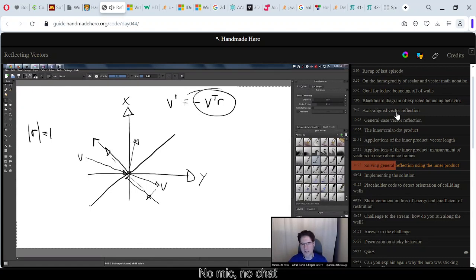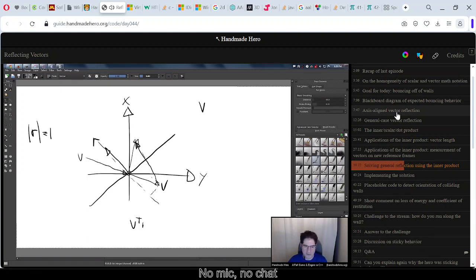So what do I do? Well, it's pretty easy. If I were to start by saying, all right, I have my v, I now need to change it so that it reflects through here. I just need to add something to it that's going to move it up so that it will have that reflection. And I know exactly what that quantity is.